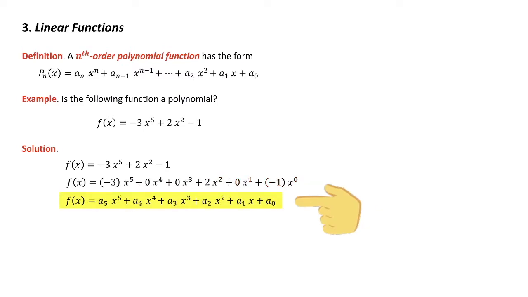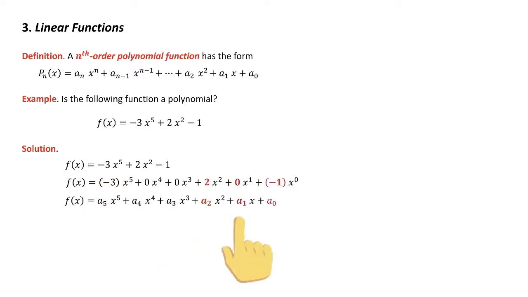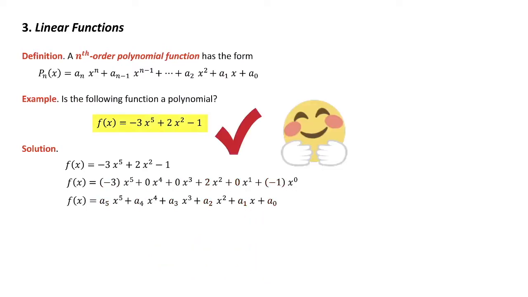So again, does it fit the template? Yes. a5 is minus 3, a4 is 0, a3 is 0, and so forth. So because it fits the template, it is a polynomial by definition. Notice there's no guessing. Everything I'm doing in this class is precise, specific, clearly defined. We're not guessing. Sometimes it is, sometimes it isn't. That's not how it works.